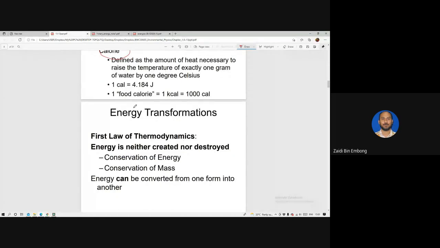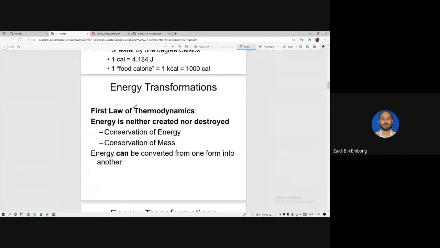Therefore, in the context of energy transformation, you need to look at both of the thermodynamic laws. We have two thermodynamic laws. Number one is the first law of thermodynamics, which says that energy is neither created nor destroyed.